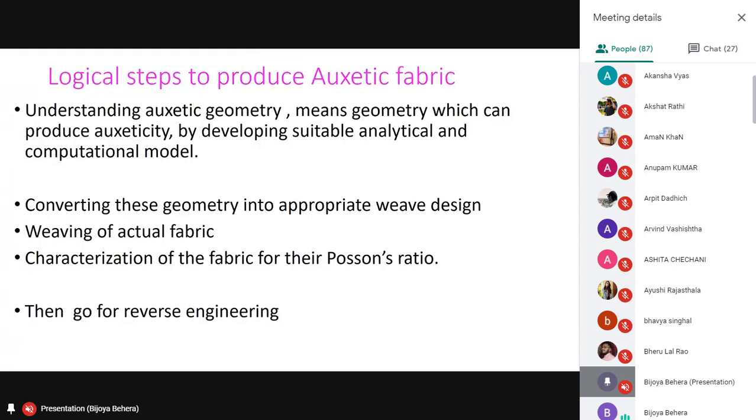It is the same thing. Once the geometry is known, it can be translated to a weave design by using conventional methods or any CAD software available today. Then once the weave design is there, whether by manual method or by computer CAD system, you can go for weaving the actual fabric for this weave design.